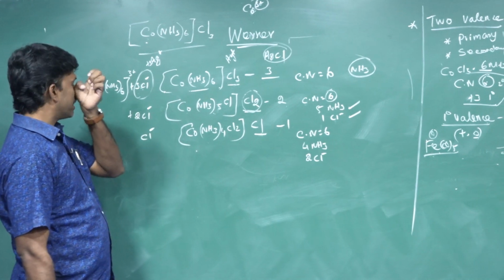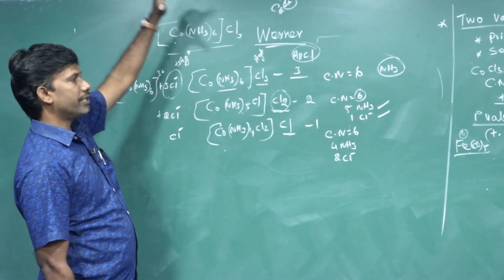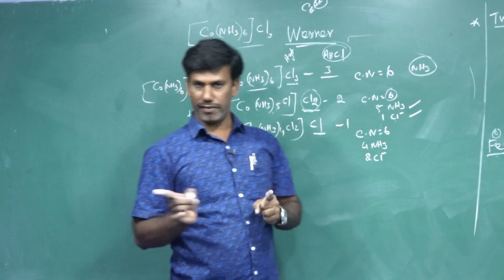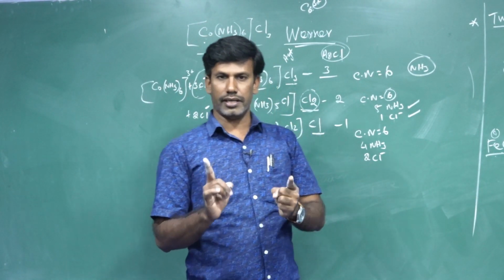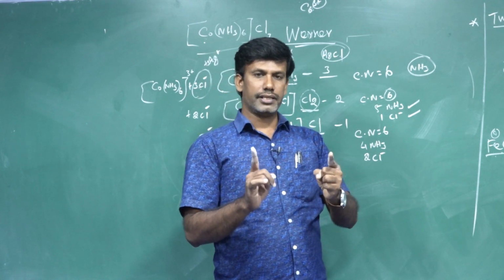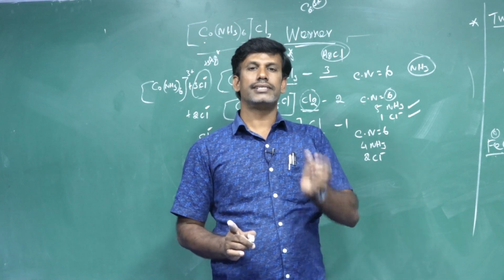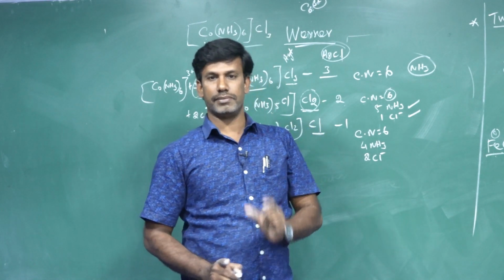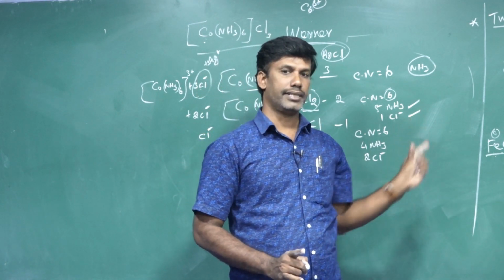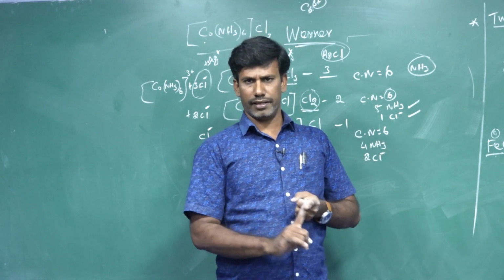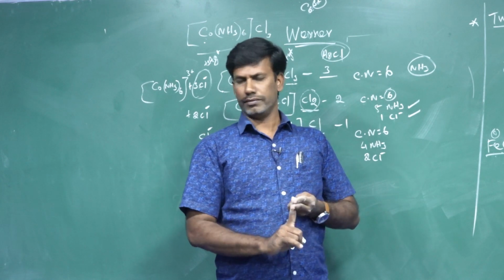Once again I am repeating Werner's postulates. Every central metal atom has 2 valencies, one is a primary valency, another one is a secondary valency. Primary valency is the reason for the oxidation state of the central metal atom. It is non-directional and ionizable.